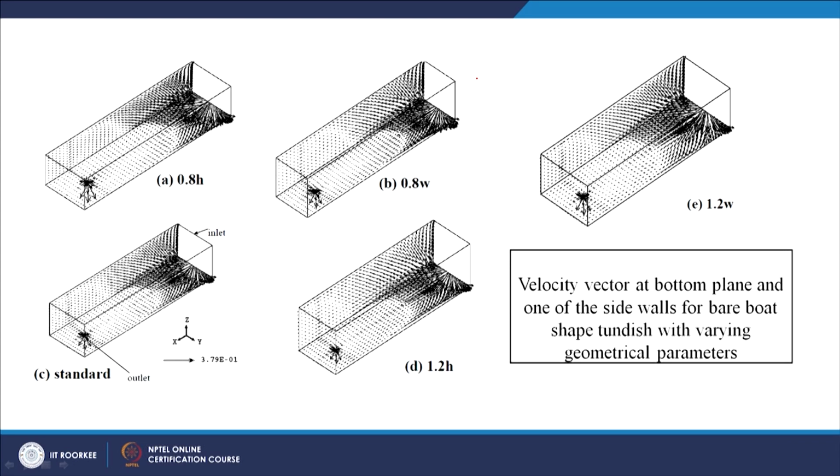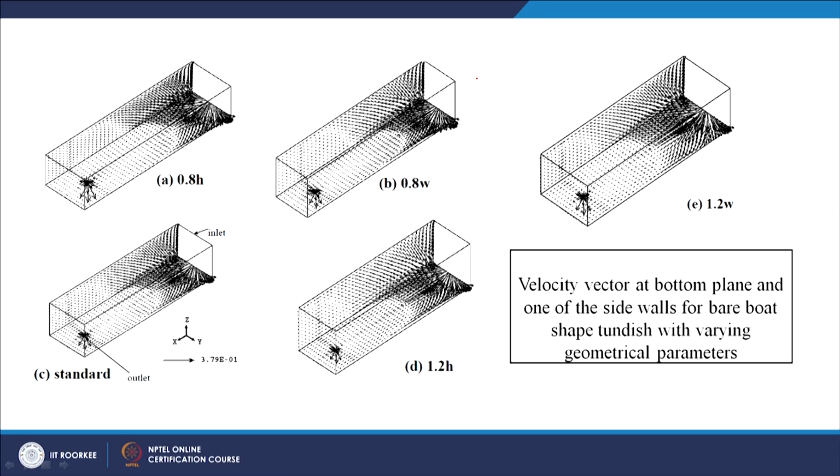In that there are 5 cases, one being standard, H and W. In the other 4 cases you decrease the height, increase the height, decrease the width and increase the width. Once you do that, you can have an idea of the effects of the variation of these geometrical parameters.